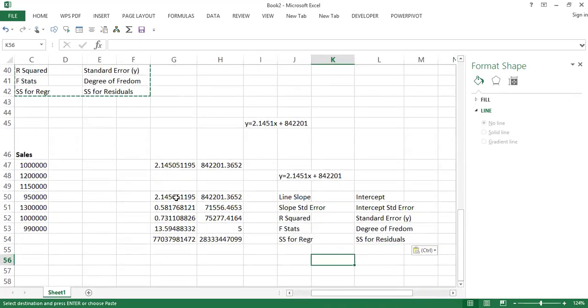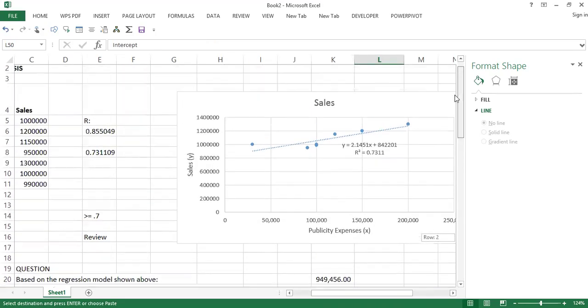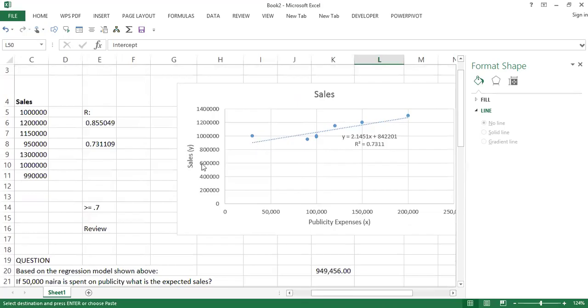Okay, this is the slope. You can see the slope. This is the intercept. What's the intercept? Intercept is where the line cuts this vertical axis, the y-axis.